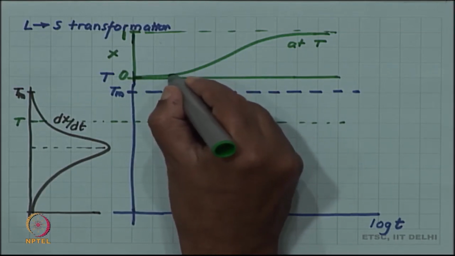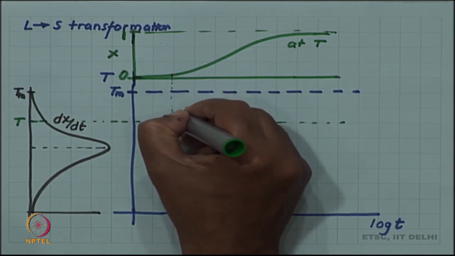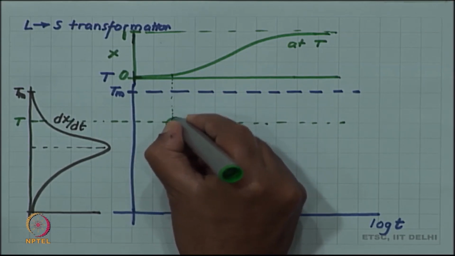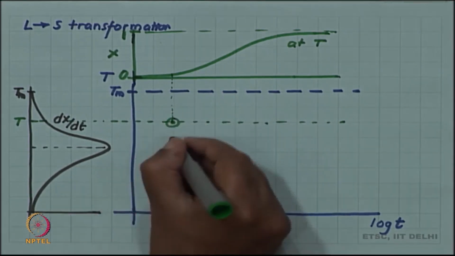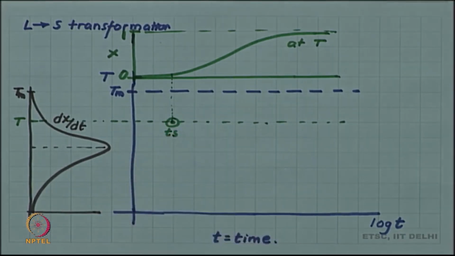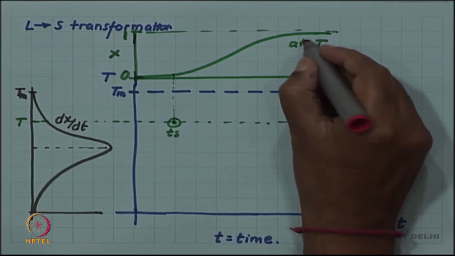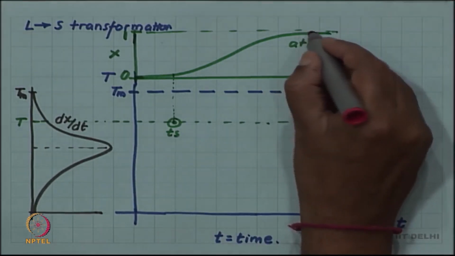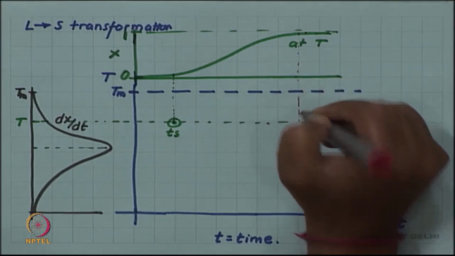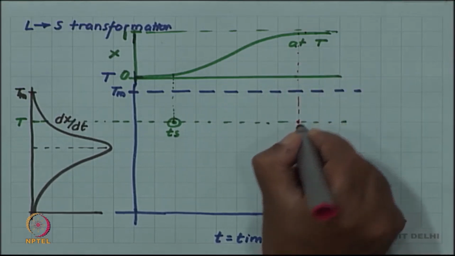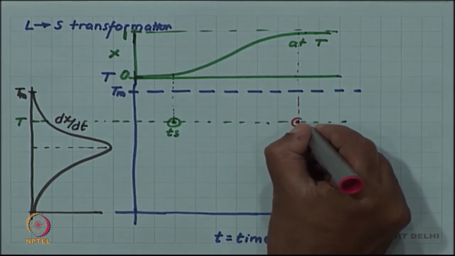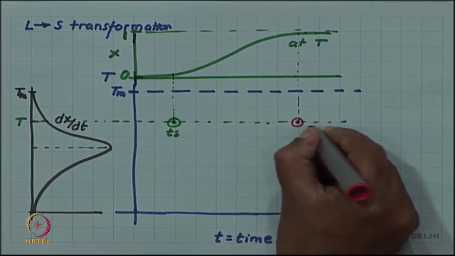At the point where it reaches some sort of detectable level, that will be our start time. So, we mark that as our start time, Ts. And after some time, the transformation will reach very close to a transformed fraction of 1. That time we can call the time for finish.